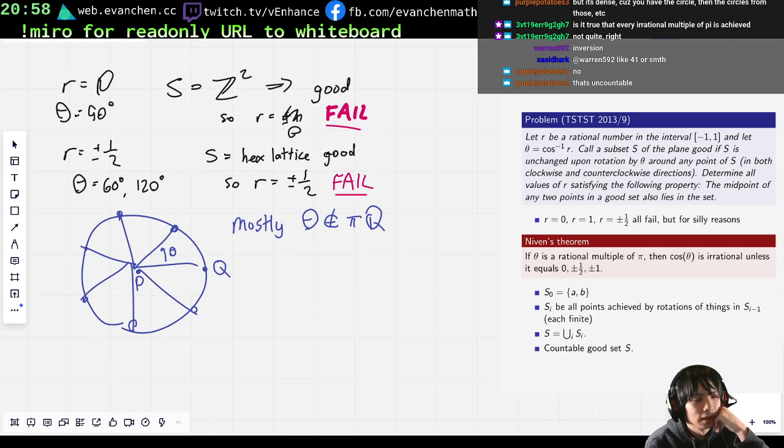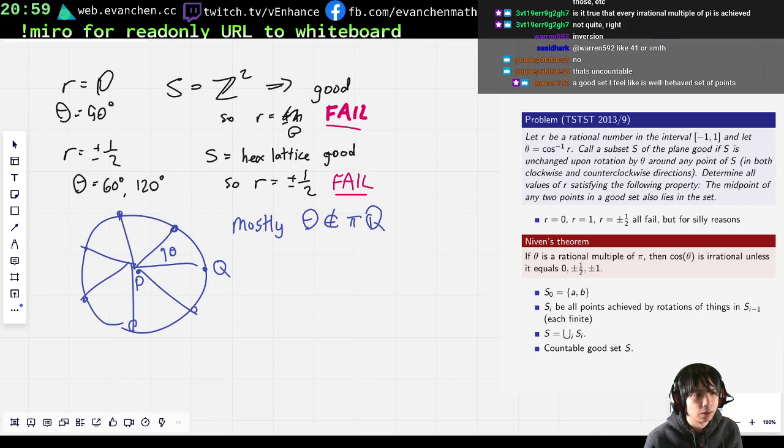Which bothers me, because for values of r other than these, I'm trying to think how I'm going to possibly get a counterexample. These failed because I could explicitly construct a good set, and it wasn't that bad. But I'm worried that for the other values of r, I won't be able to describe the set, which bothers me.